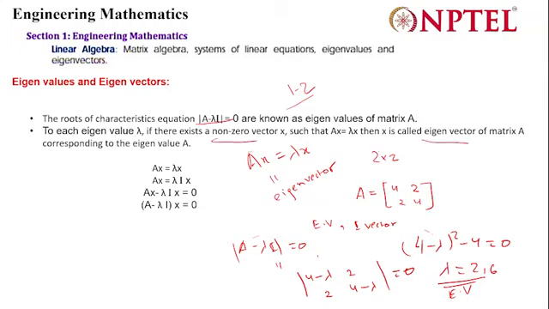For every eigenvalue lambda, there exists a non-zero vector, which is called an eigenvector. So, what are the applications of eigenvalues and eigenvectors? You are all in mechanical. When we write a stress tensor, a 3 cross 3 matrix, the eigenvalues and eigenvectors of that stress matrix are the principal stress values and principal directions.